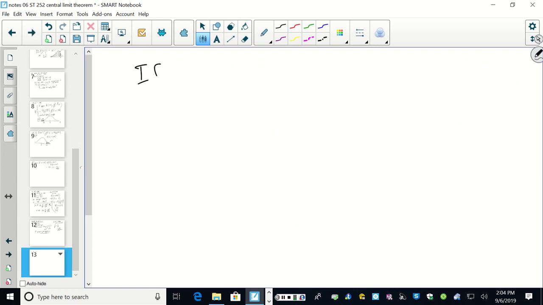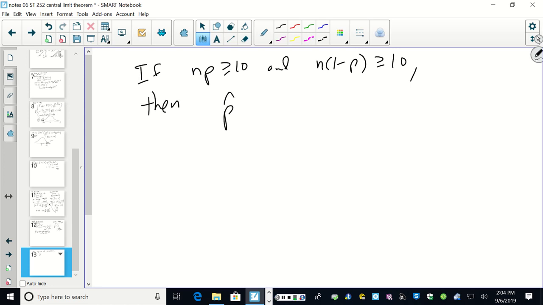If n times p is greater than 10, and n times 1 minus p is greater than 10, so if the number of expected successes and expected failures are reasonably large, then P hat has an approximate sampling distribution that's normal.